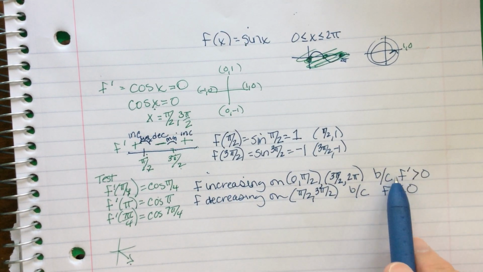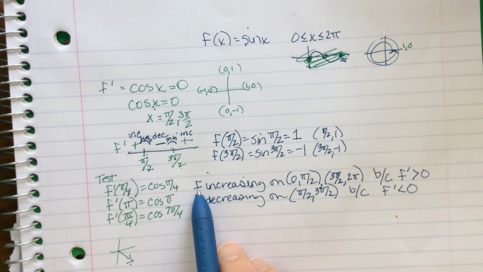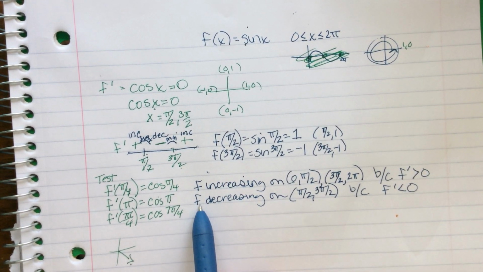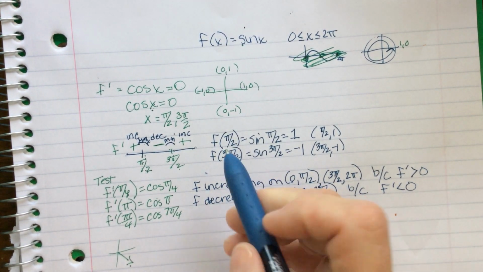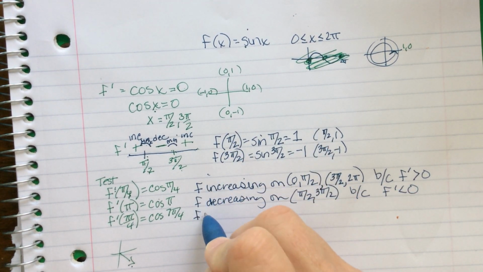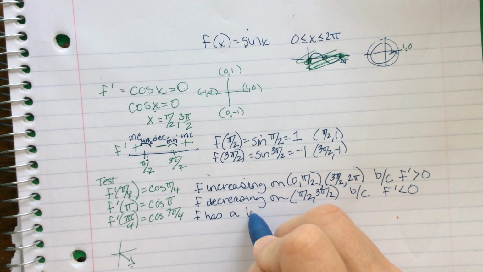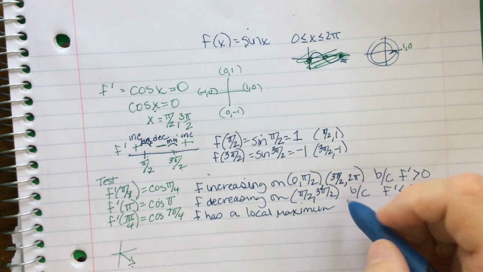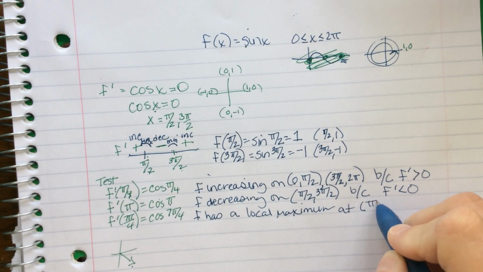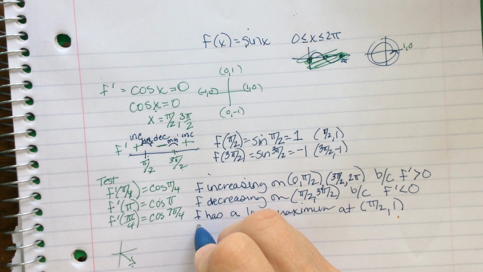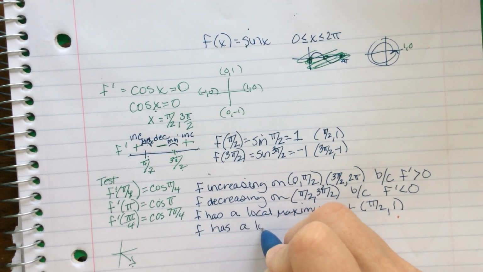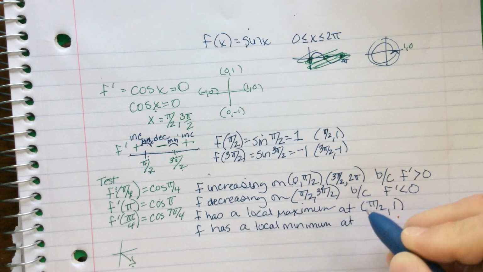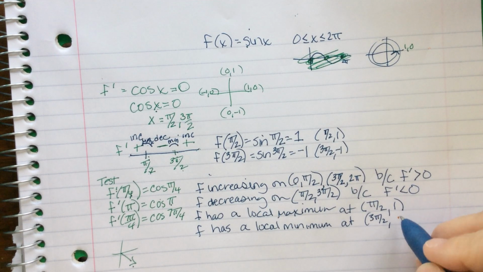So wherever f prime is greater than 0, your original function will increase. Wherever f prime is less than 0 or negative, the original function will decrease. Okay, we also have found that f has a local maximum at the point pi over 2, 1, and f has a local minimum at the point 3 pi over 2, negative 1.